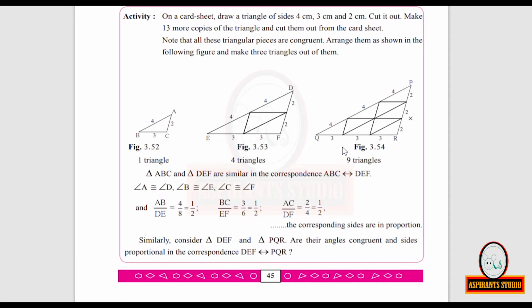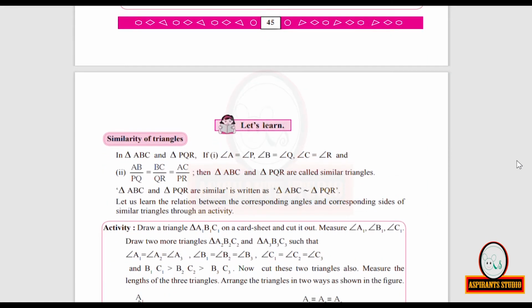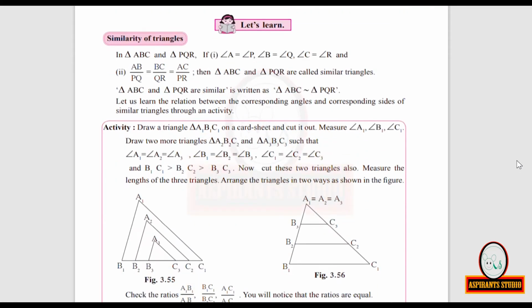Now, coming to the definition. Similarity of triangles.